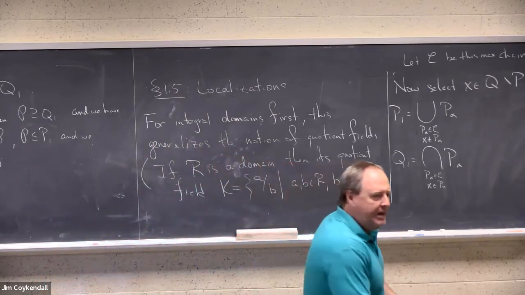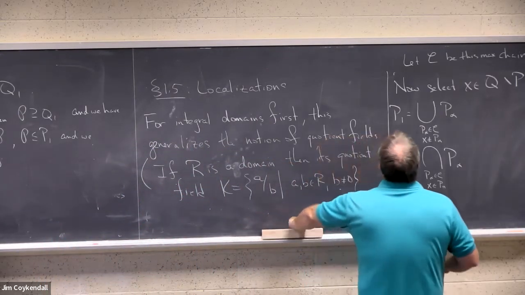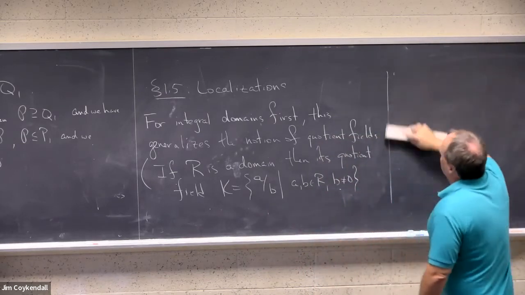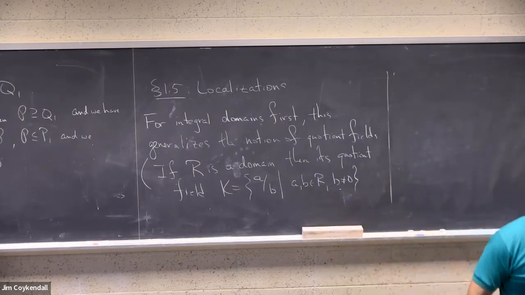It's the smallest field that contains the integral domain R. So for example, the quotient field of the integers is the rational numbers.